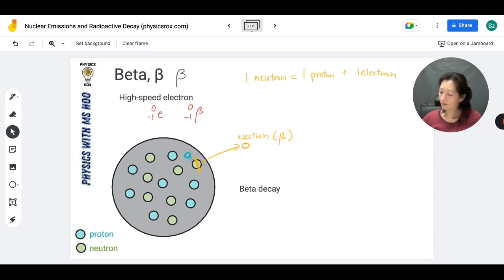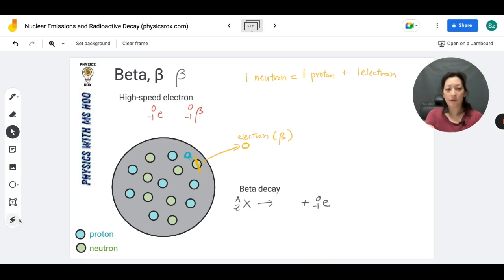So in terms of the AZX notation, we start off with AZX to represent the radioisotope. Again, we have the daughter isotope and the beta particle. I'm going to put the beta particle at the second part of the equation.